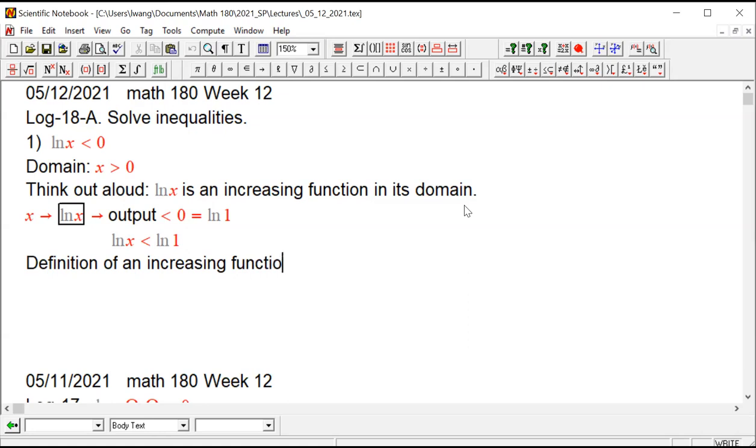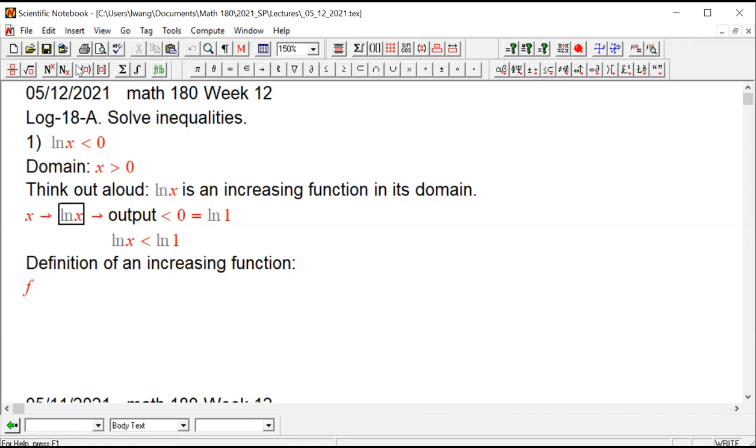The definition of an increasing function is: f of x sub 1 is less than f of x sub 2 whenever x sub 1 is less than x sub 2.